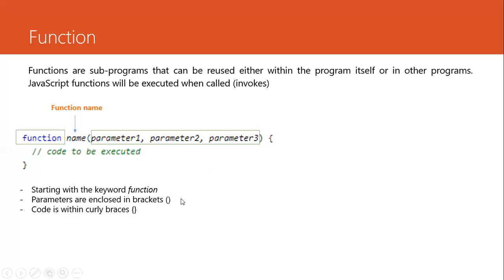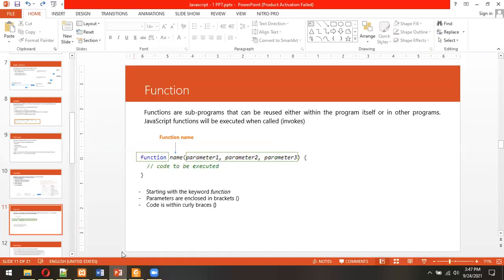Another thing: a function can have a parameter like this. We can have many parameters, or we can have an empty parameter like before. Usually we put the parameter inside the brackets after the function name. I will also add an explanation that every function has curly braces to put the code inside that function.